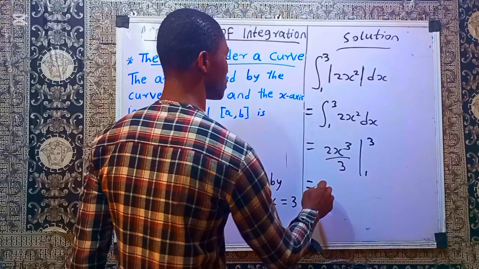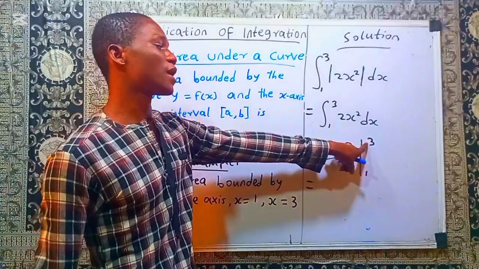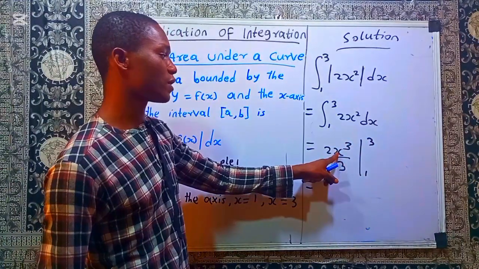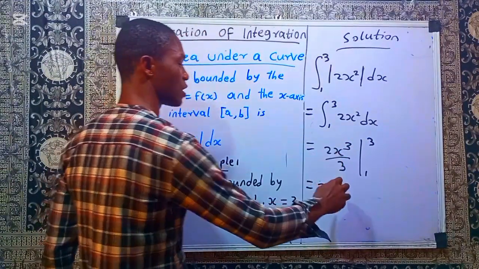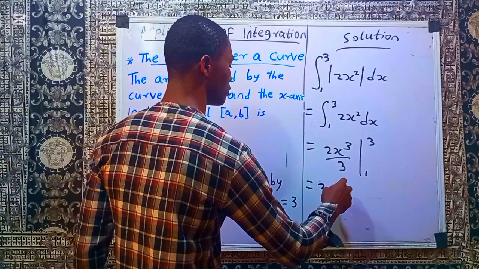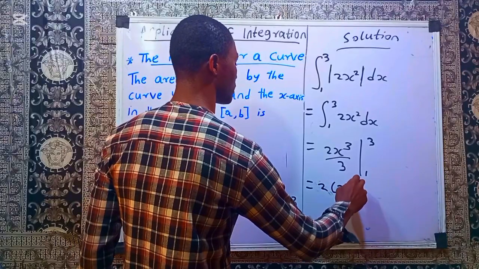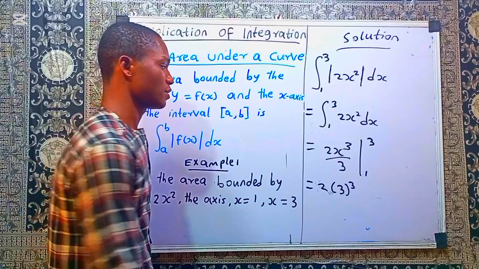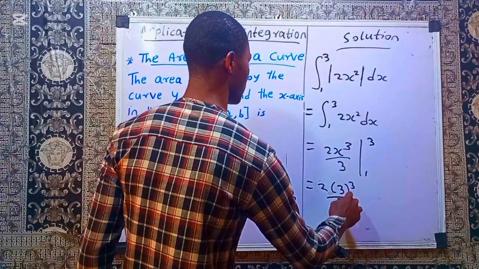So you put the upper value, which is 3. You substitute for x here. X is 3, so you are going to have 2 multiplying 3 raised to power 3, divided by 3.